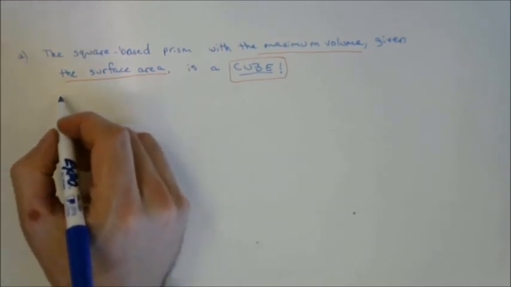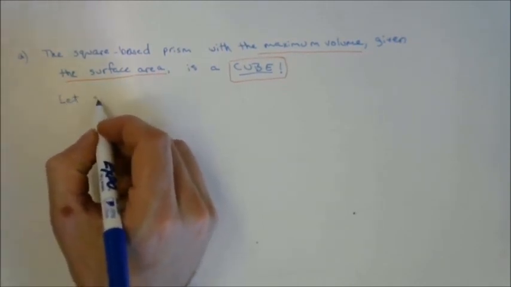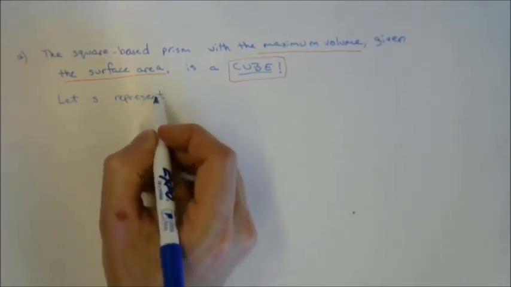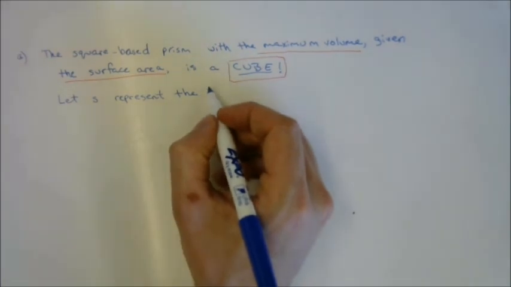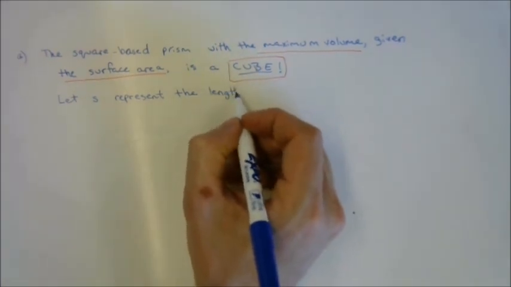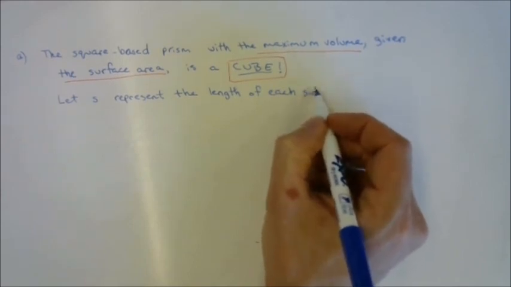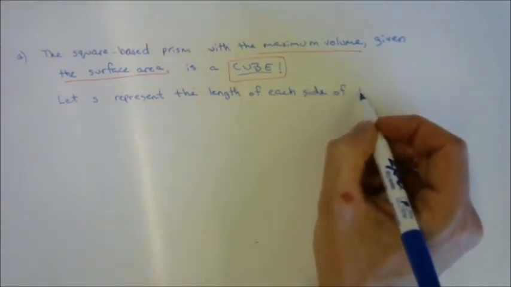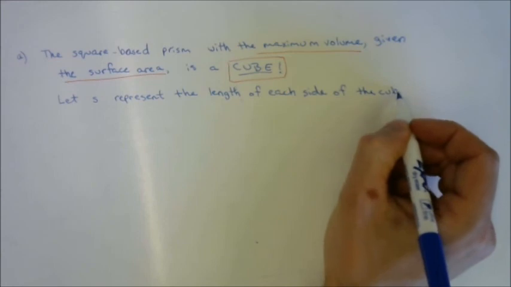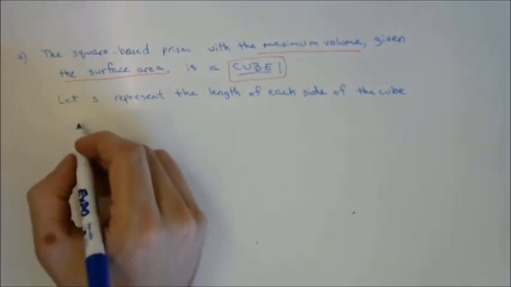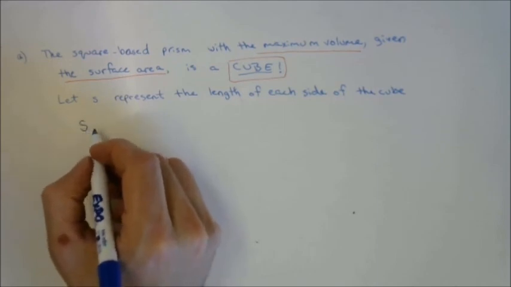So what we're going to do is we're going to let S represent the length of each side of the cube, and we're going to calculate the surface area of a cube.